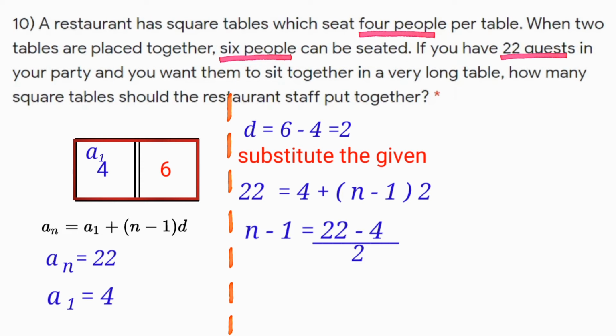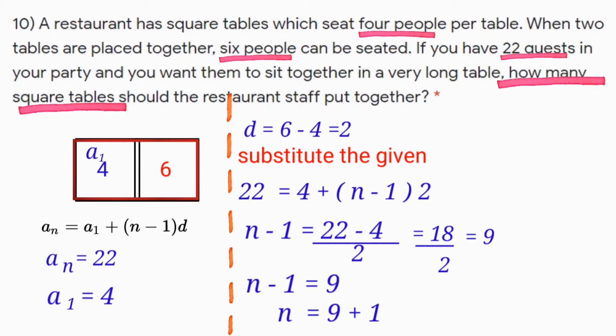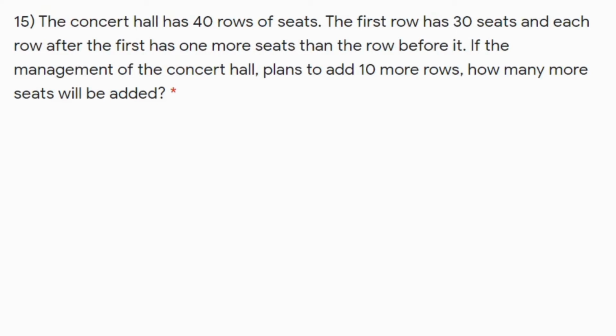Therefore, n minus 1 will be equal to 22 minus 4 divided by 2, which is equal to 18 divided by 2, which is equal to 9. So n minus 1 is equal to 9. Next, transpose the 1 to get the equation n is equal to 9 plus 1. So how many square tables should the restaurant staff put together? The answer is 10.